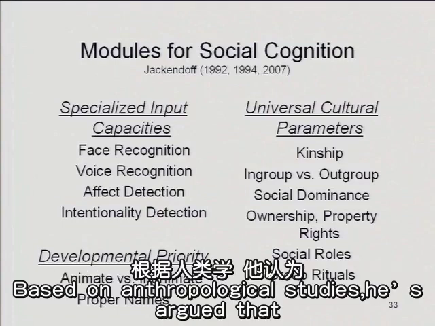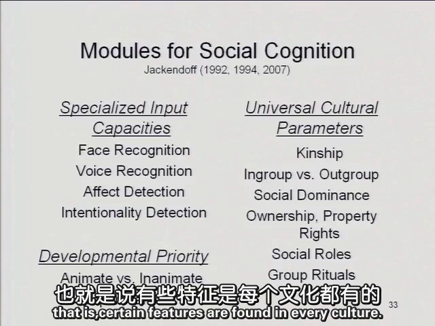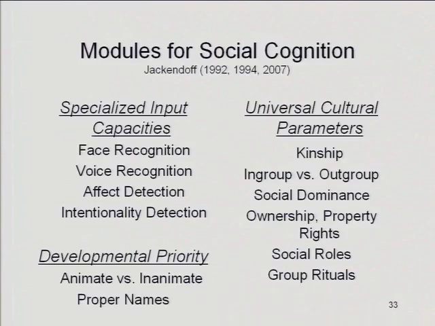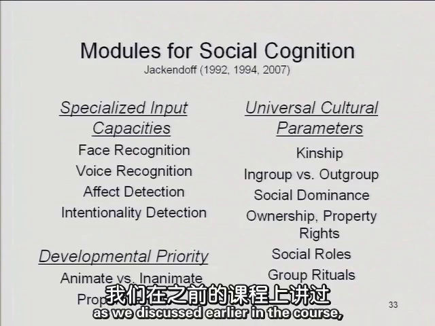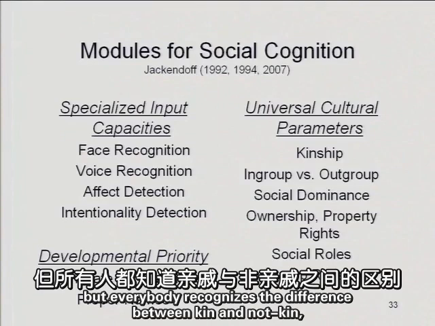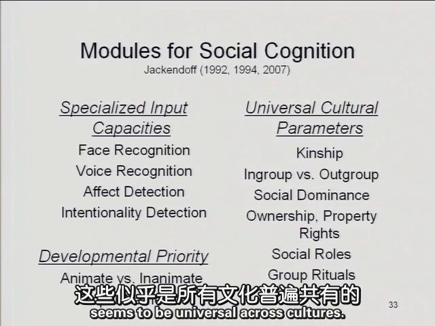Based on anthropological studies, he's argued that there are certain cultural parameters that are universal. That is, that they're features found in every culture. So, for example, every culture has categories of kinship. Now, as we discussed earlier in the course, different cultures have different categories, but everybody recognizes the difference between kin and not kin. The distinction between in-group and out-group seems to be universal across cultures.